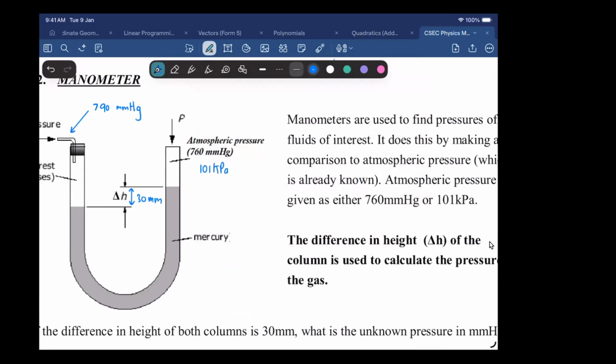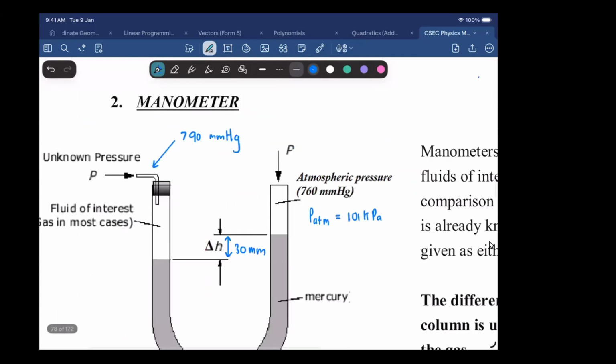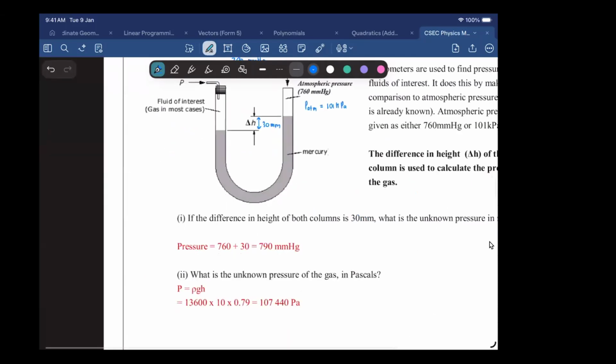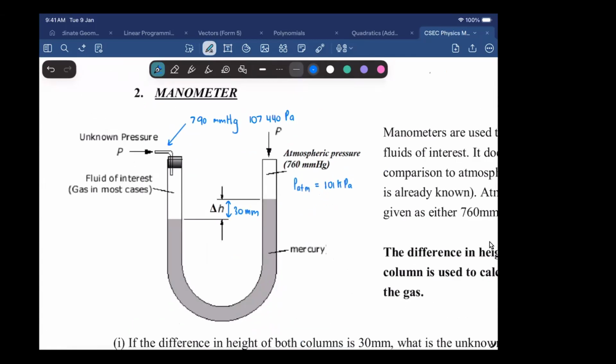So Sheena, this will always be constant, right? Anytime we're talking about atmospheric pressure, it's always going to be 101 kilopascals. It never changes. And the unknown pressure, we found that to be 107,440. So the difference in pressure would just be the difference between those two. Understand?